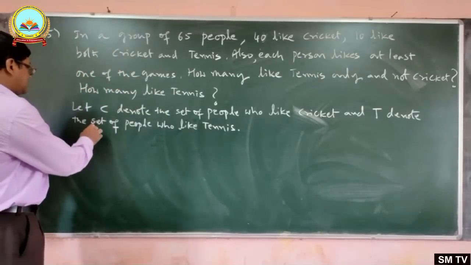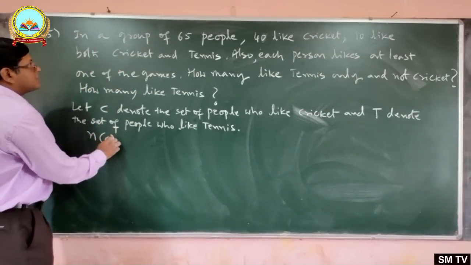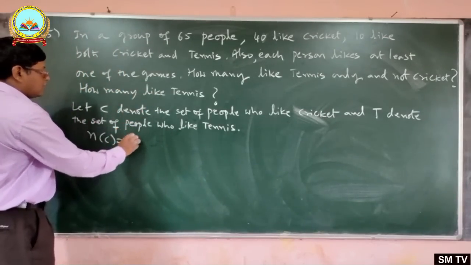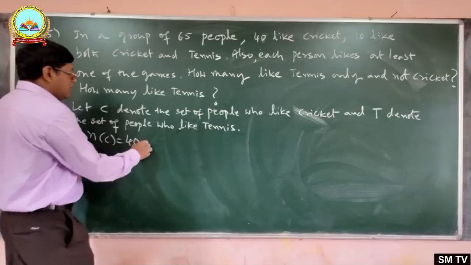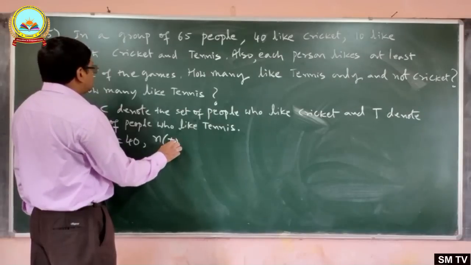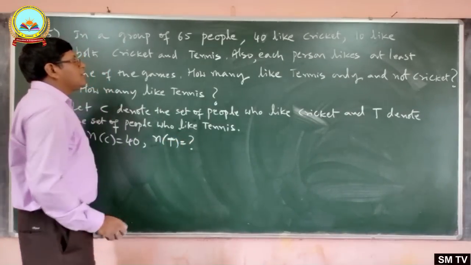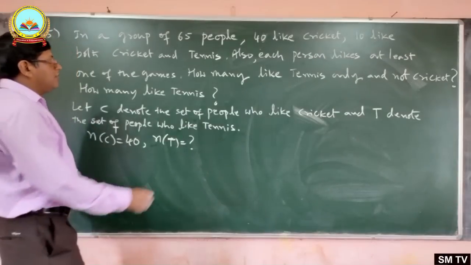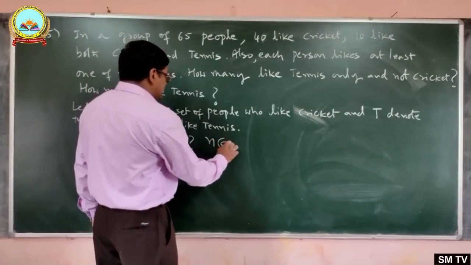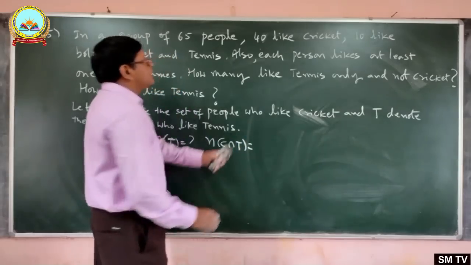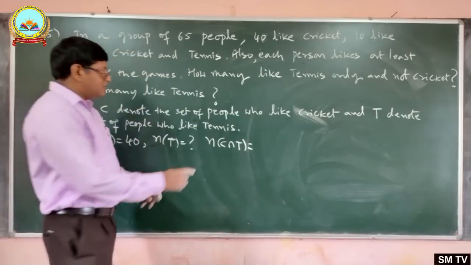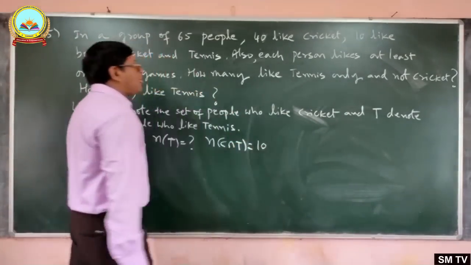So N of C is equal to 40. N of T is equal to, this we don't know, this we have to find out. N of C intersection T, 10 like both cricket and tennis, so this must be 10.